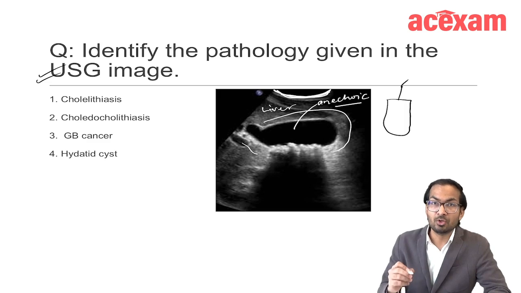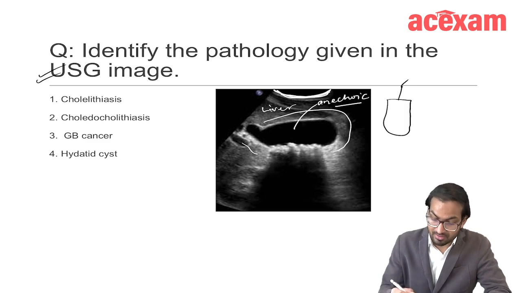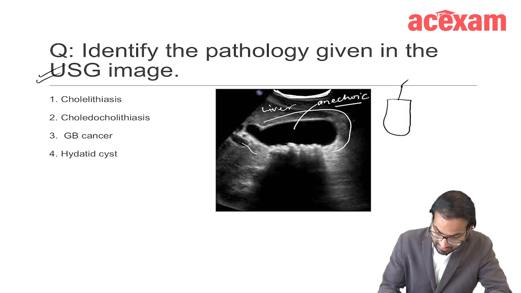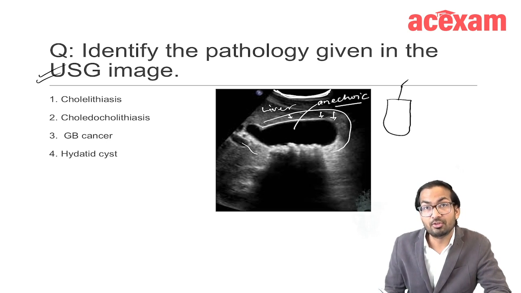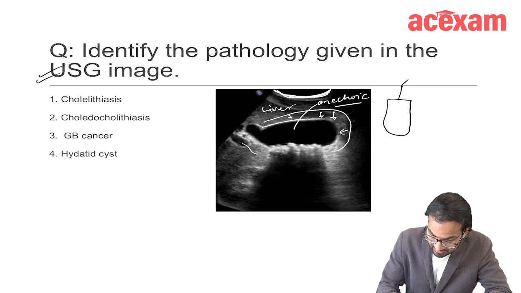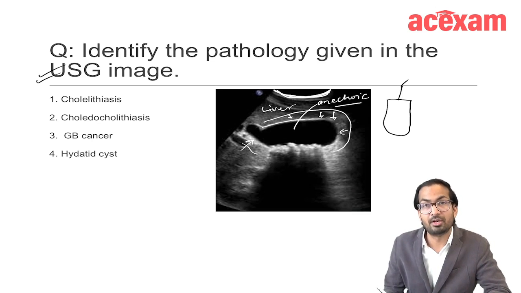What is very remarkable in this image is that the anterior wall is very clearly seen. You can clearly see the anterior wall of the gallbladder, the fundus, and the neck as well.